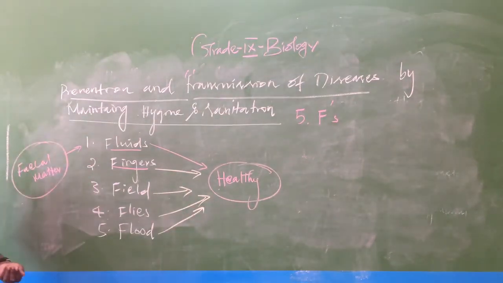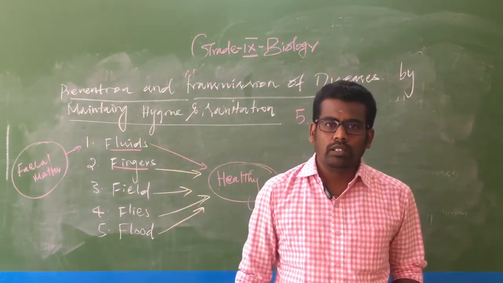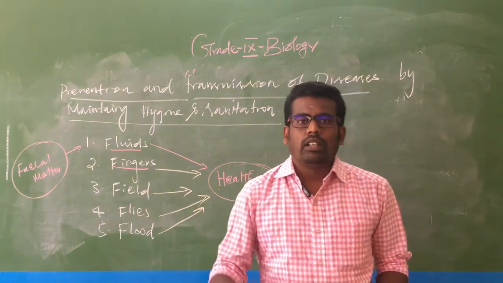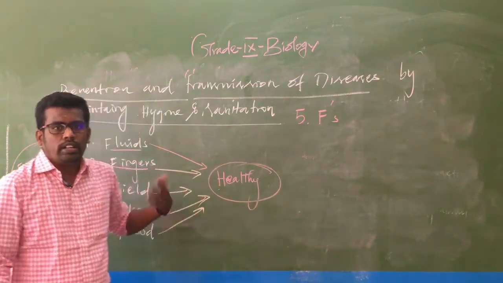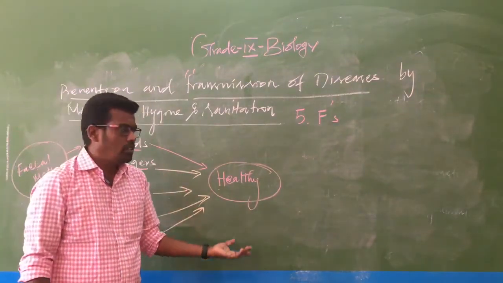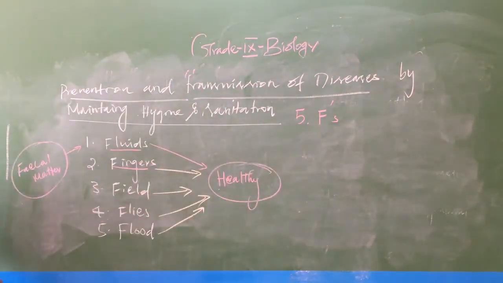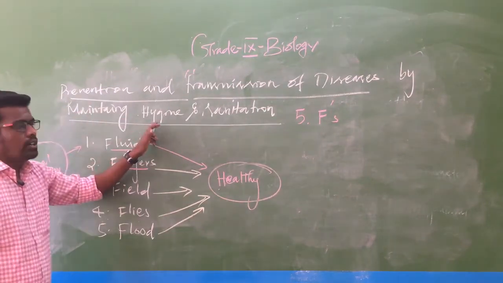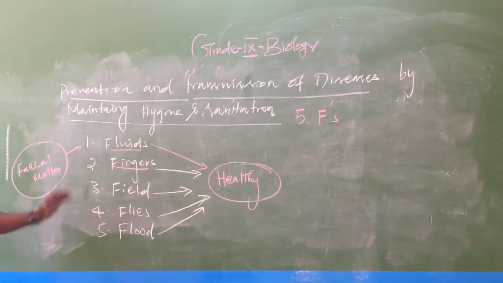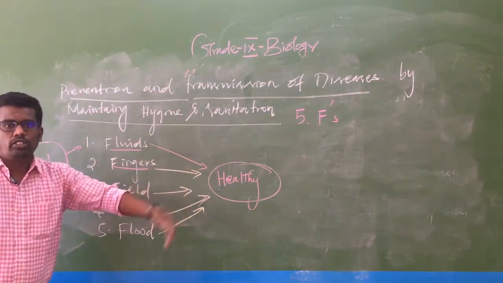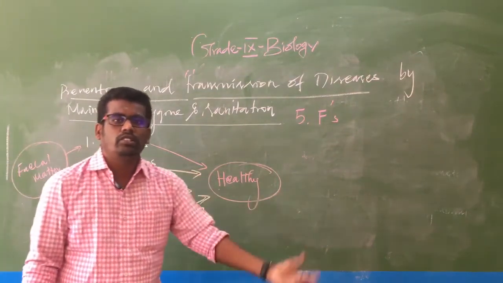If there is a proper drainage system, we can prevent the stagnation of water, and there is no chance for mosquitoes to breed, and less chance for spreading diseases. So if we follow the 5 F's properly, we follow hygiene and sanitation. There is no chance for transmission of diseases.